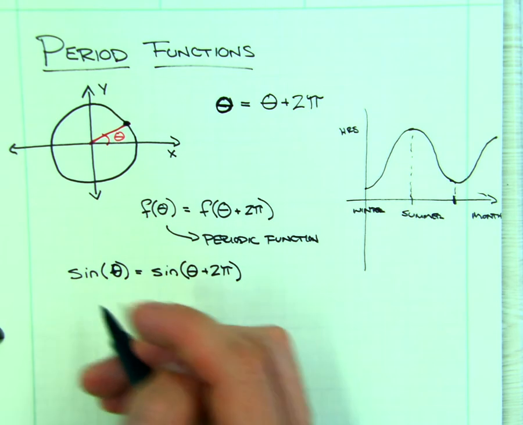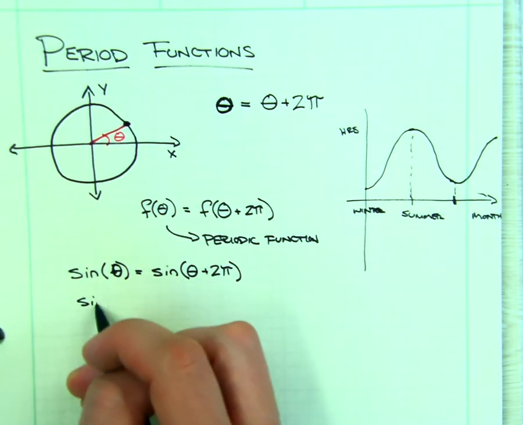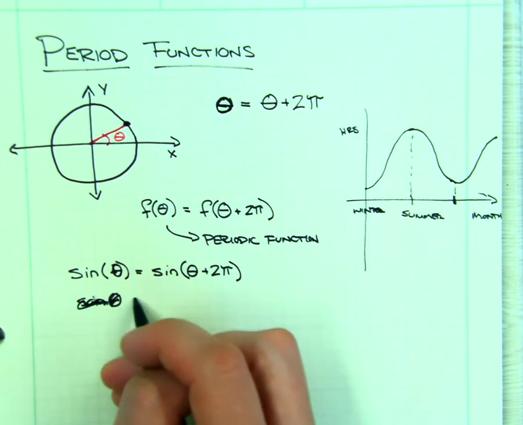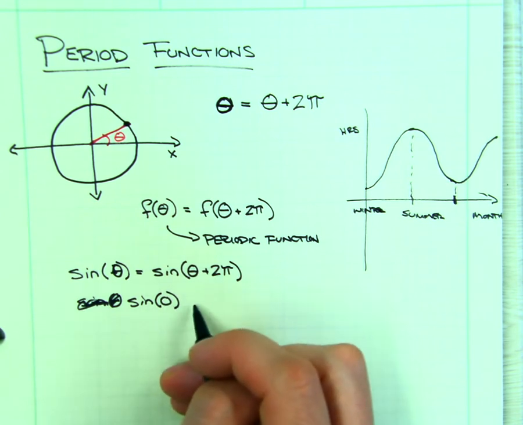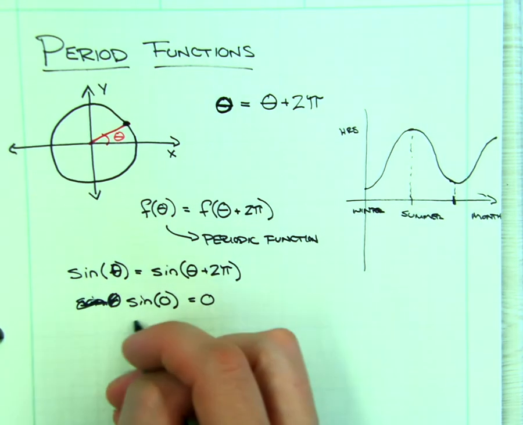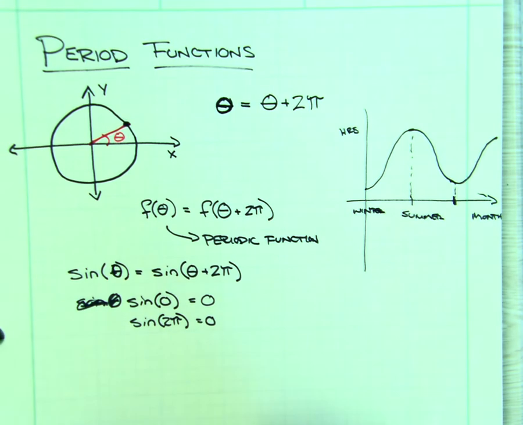Let's start off simple. Say theta is equal to 0. If you plug the sine of 0 into your calculator, it's going to be equal to 0, and if you plug in the sine of 2 pi, you're also going to get 0.